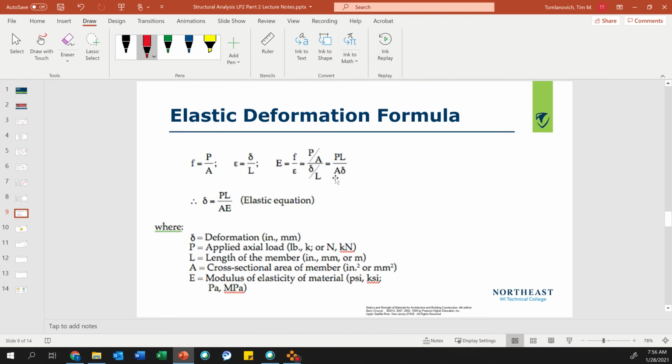All right, so how do we calculate deformation? If we know the modulus of elasticity, which is stress over strain, we can rearrange that equation and find delta. This is a very common formula.